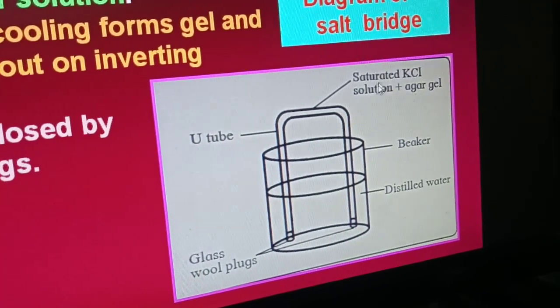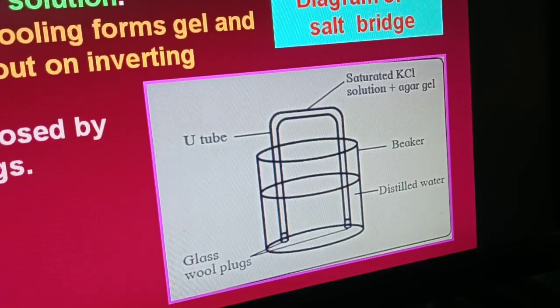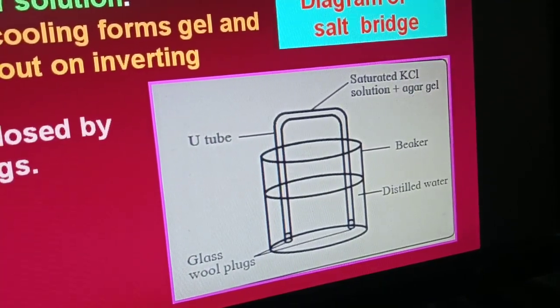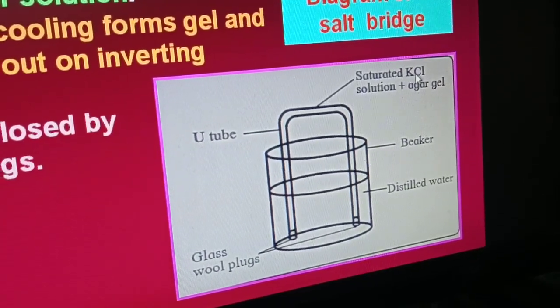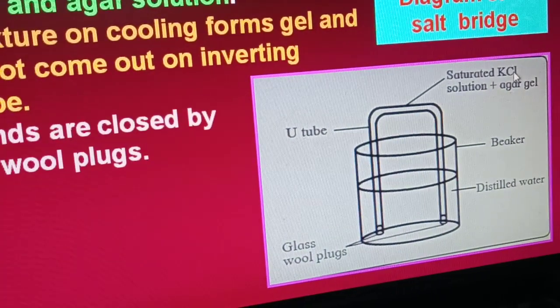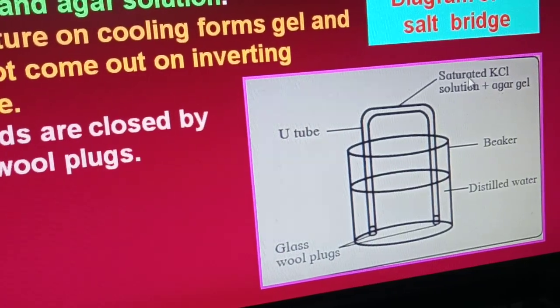Generally, saturated KCl solution is used as an electrolyte because the transport number of K plus and Cl minus is almost the same. You must know what is a transport number.